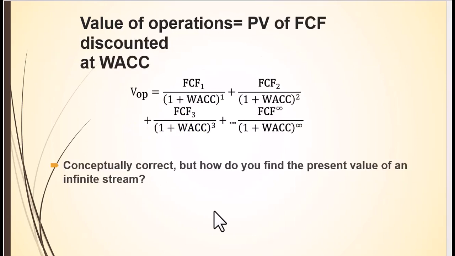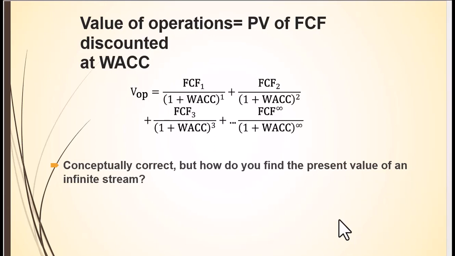If we expand this model a little bit, we have the value of operations is the free cash flows estimated to infinity divided by the weighted average cost of capital. Now, conceptually, this is correct, but you can't find the present value of an infinite stream. But if we could simplify this algebraically, and we can, it provides a simpler version of this formula.